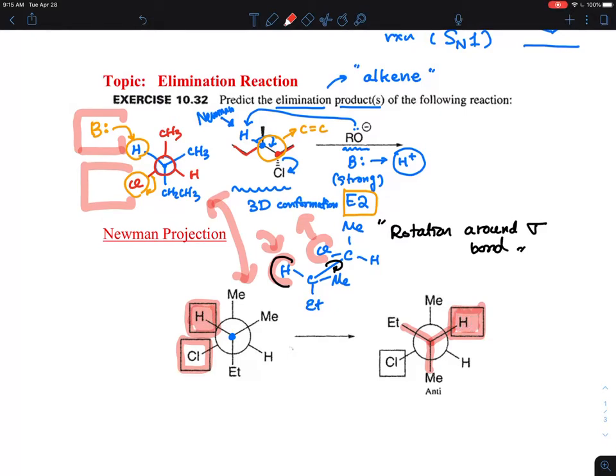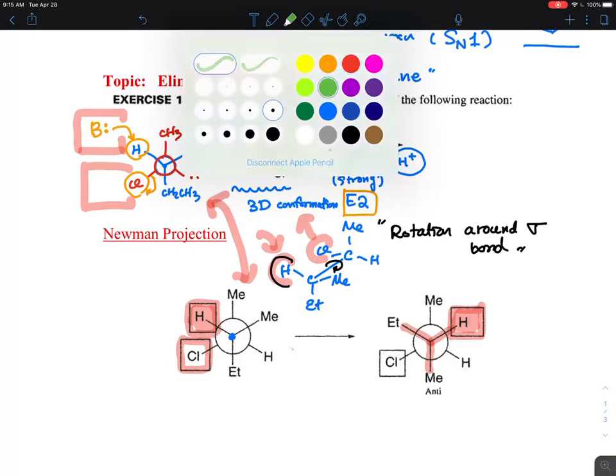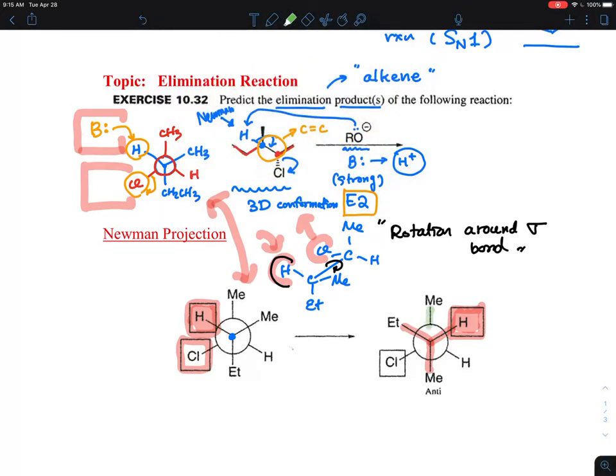And now I think they are keeping the methyl, hydrogen, chlorine the same as before. So this one doesn't change. We just need to rotate them, doing it this way, so that now you have this rotation.